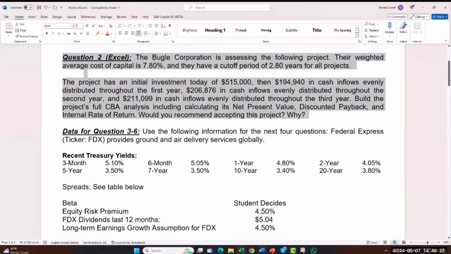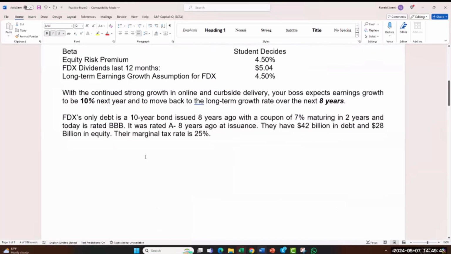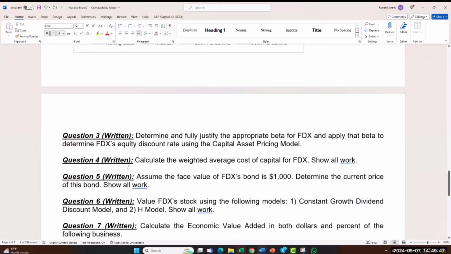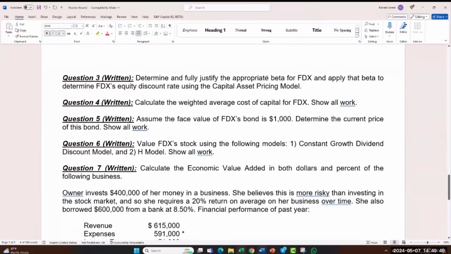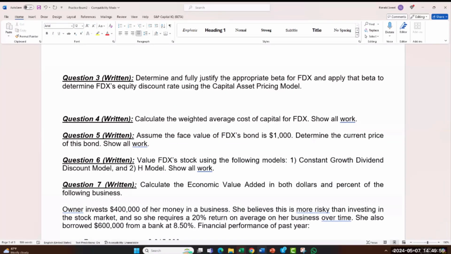Okay, so 2 down. So now we'll do this set of questions for 3 through 6. So question 3 is determine the beta for FDX and come up with CAPM. So the question here is, how do we get the beta for this firm?